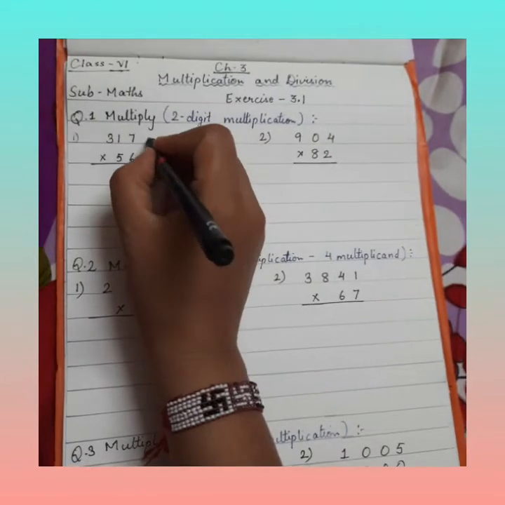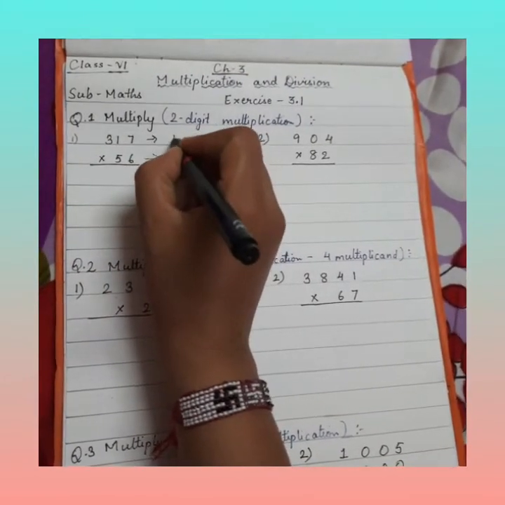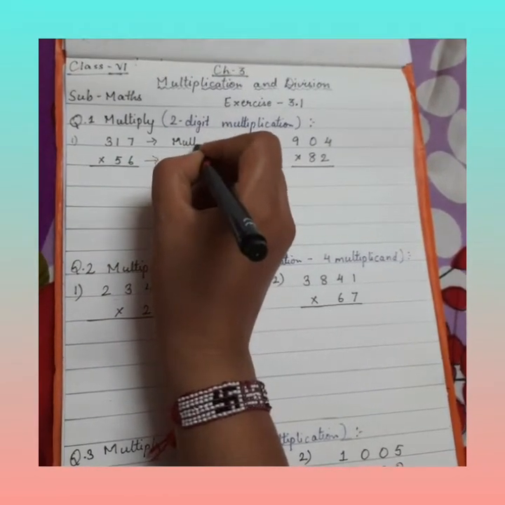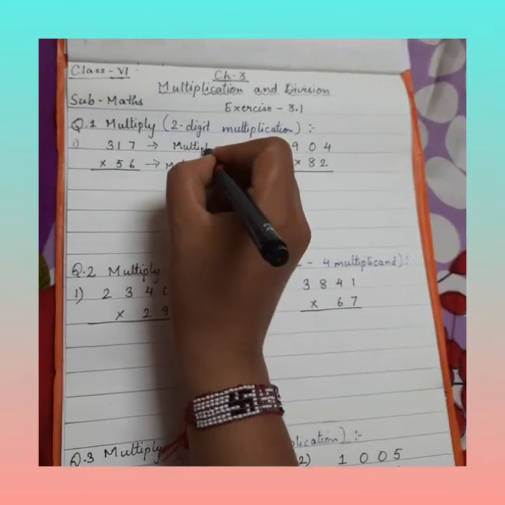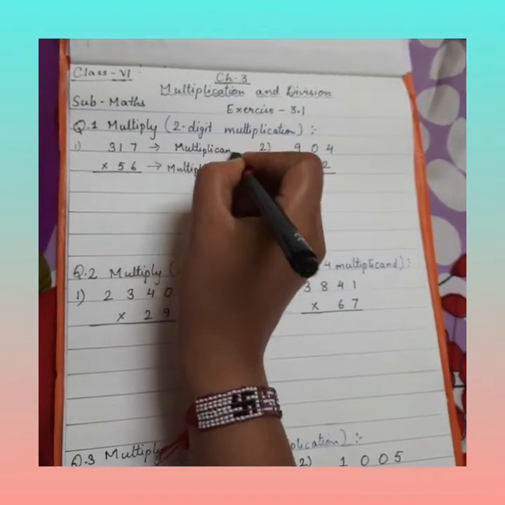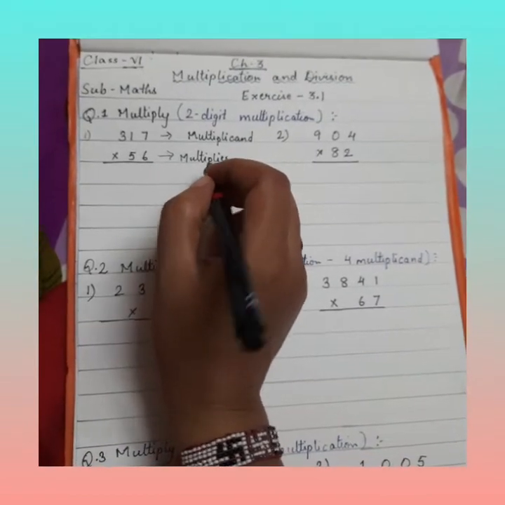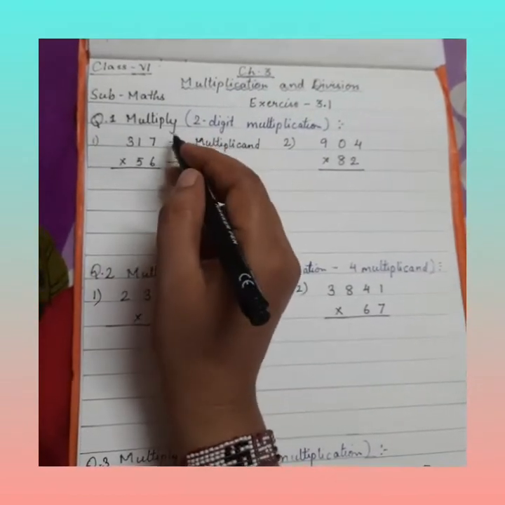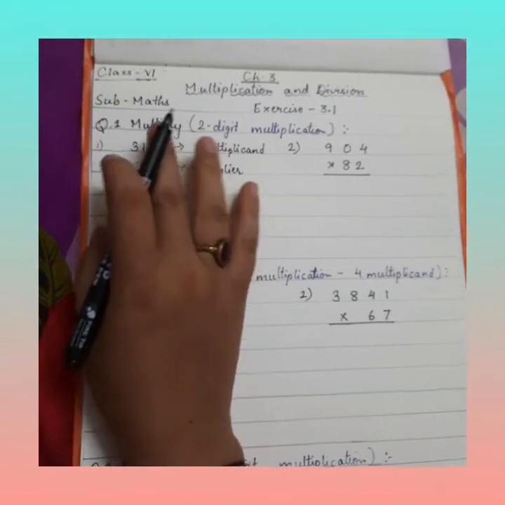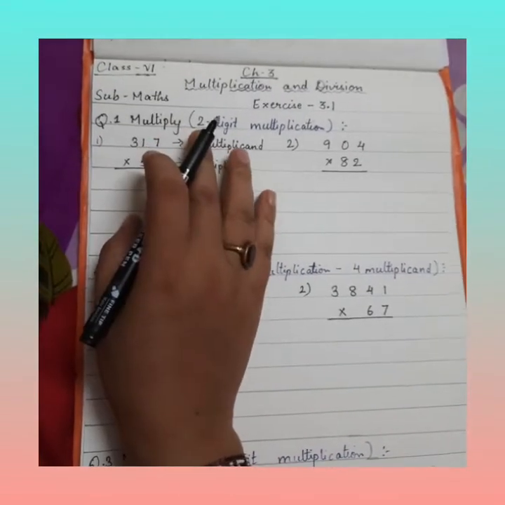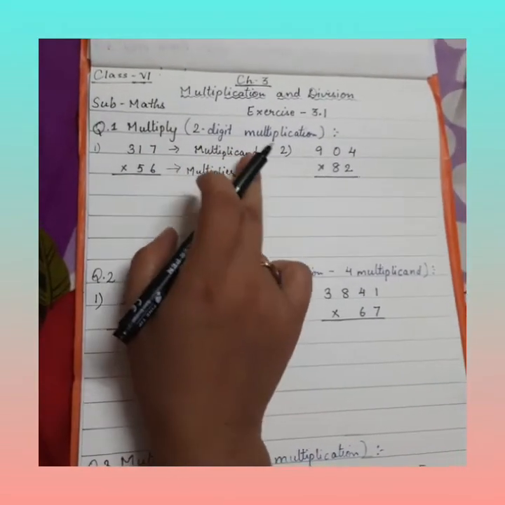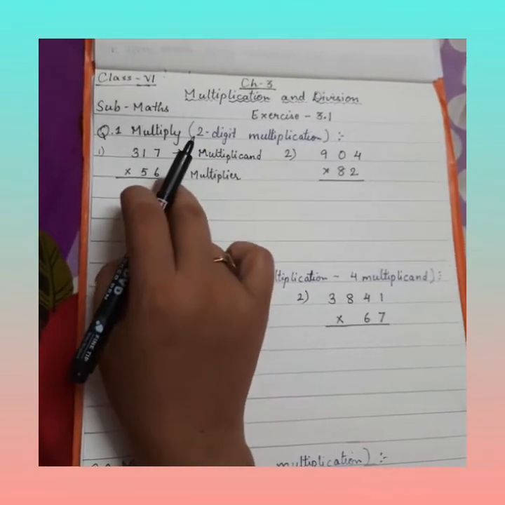As we have seen in the first video, the upper number is known as the multiplicand. The next one is known as the multiplier. So the types of multiplication are totally based on this multiplier.